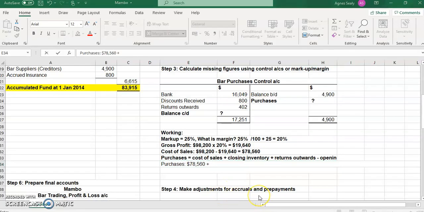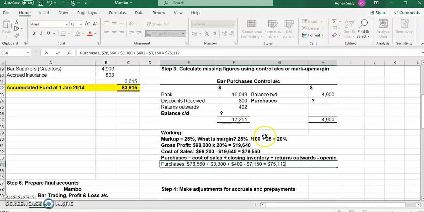So $78,560 plus $3,300 plus our return outwards of $402, minus our opening inventory of $7,150, gives us purchases of $75,112.